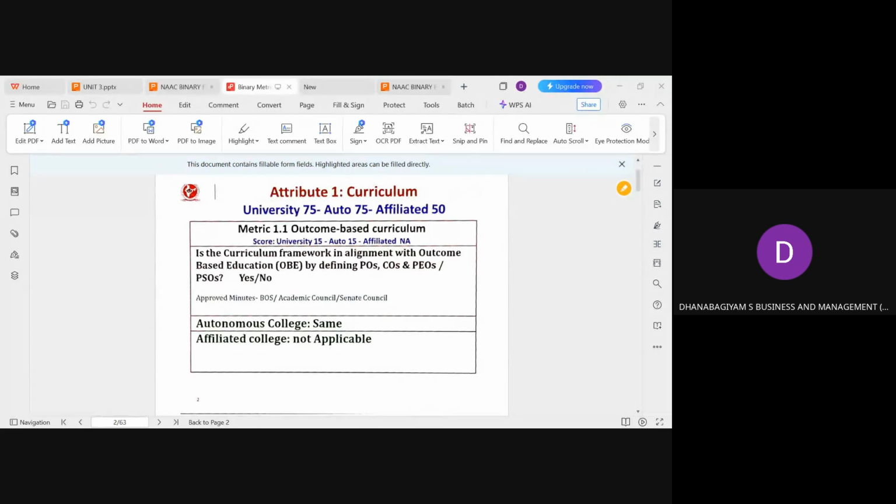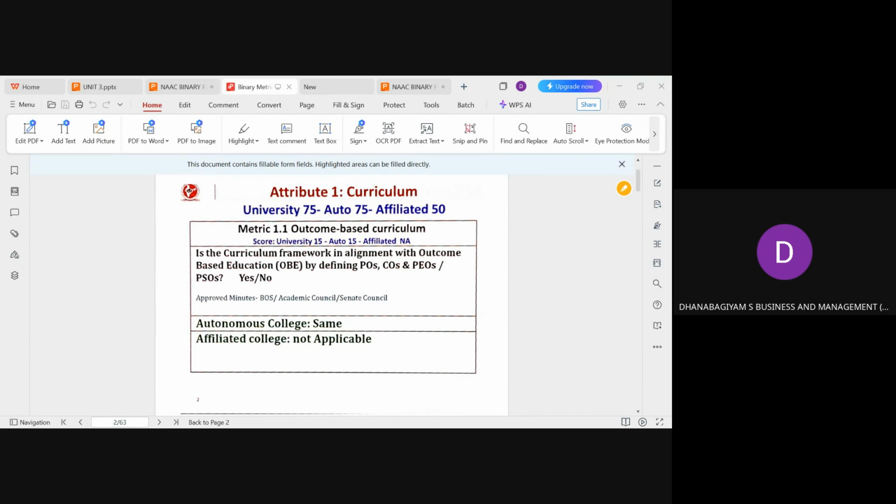Our program outcome is something related with our BBA course or BCom course or BSc course. After learning BBA, what will be the efficiency of the students, their employability skill, whether they may even have entrepreneurial skill.